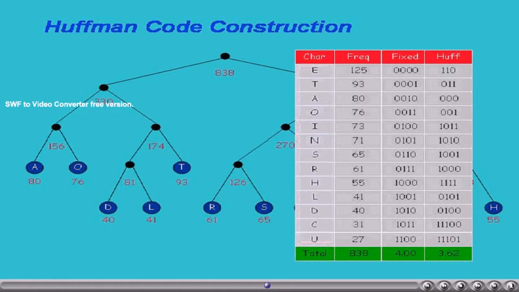That is the reason why we are not getting better compression ratios here. If the ratio of the highest frequency to the lowest frequency is very high, then we may get a very small average number of bits per character or symbol.